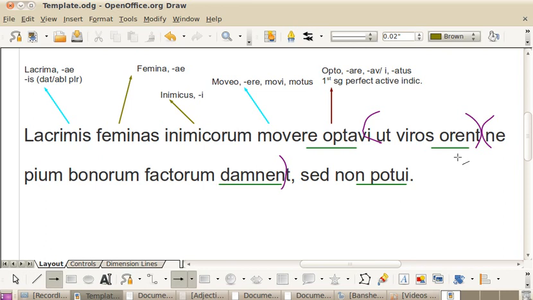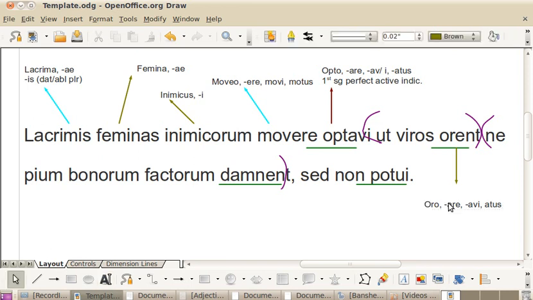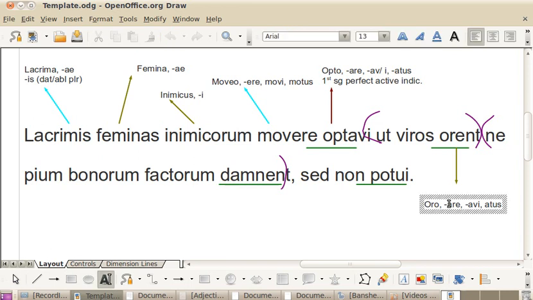we look it up in our glossary, or we refer back to our memory. We have oro, orare, oravi, oratus. This is a first conjugation verb as well. It has four principal parts. Orent seems to be built off the present stem. Okay, it has no AV there.